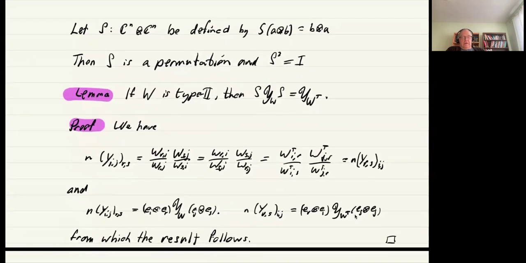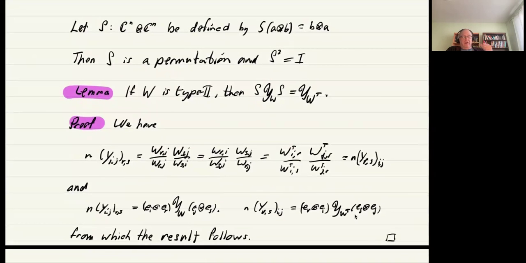So I'm going to continue working with this. I'm just defining the swap operation on C^n tensor C^n. It maps the vector a tensor b to the vector b tensor a. Now, S is a permutation because it's just permuting the elements of a basis.